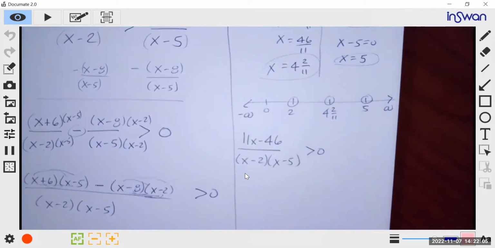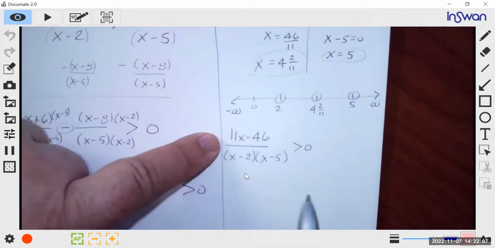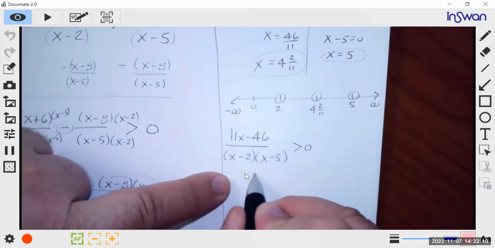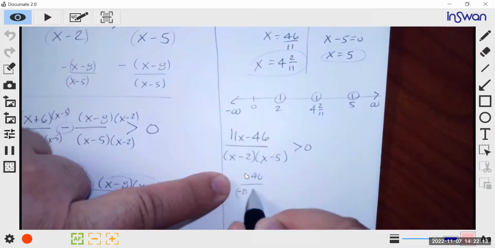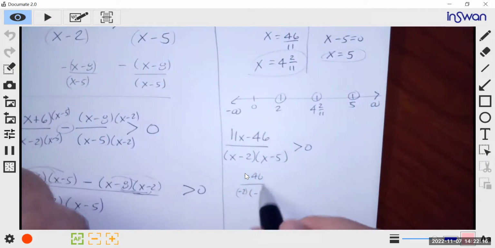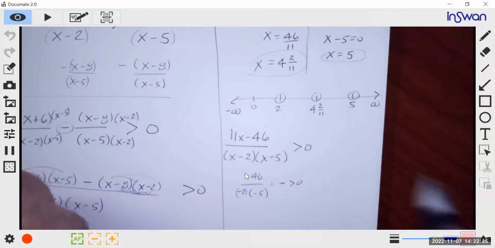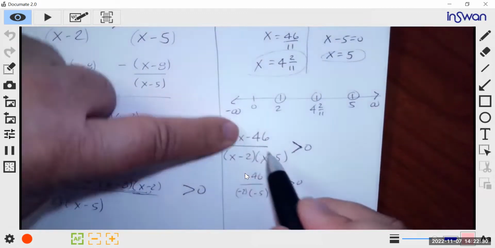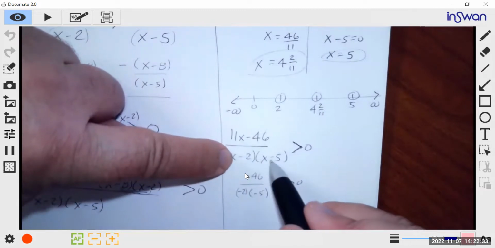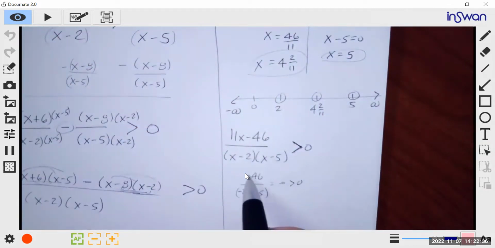If you can use 0, always use 0, because anything that has an x, I just throw away. So I have negative 46, negative 2, negative 5. Since there are three negatives, the answer is going to be negative. The whole answer has to be positive, so negative is not bigger than 0, and I can't use that interval.